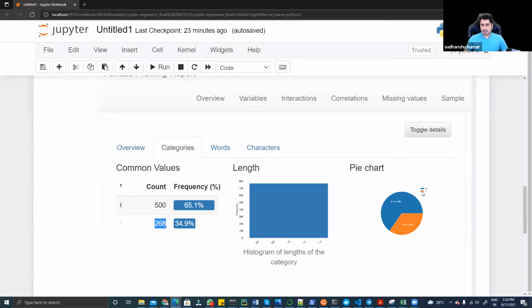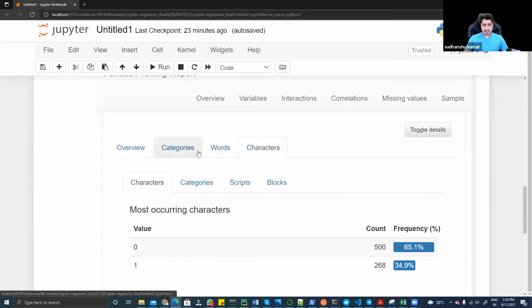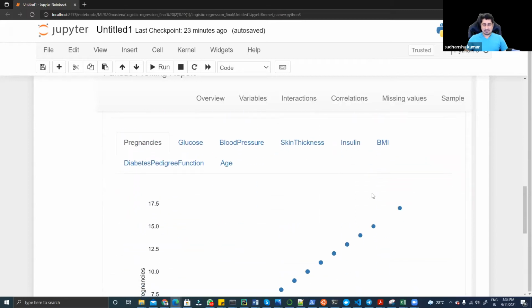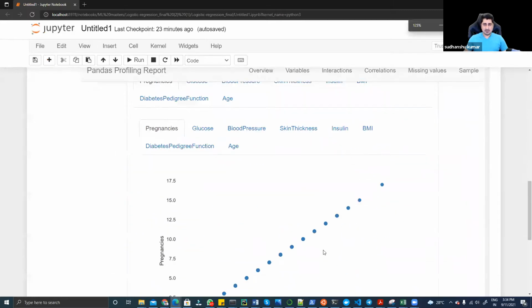It's been represented by orange color, and we have a total of 500 records of data where the person does not have any kind of diabetes at all. So this is something that we are able to find out. This is just basic information I'm able to find out.